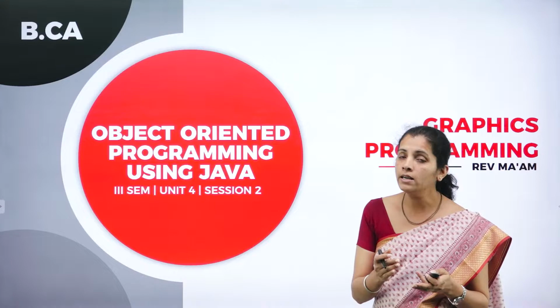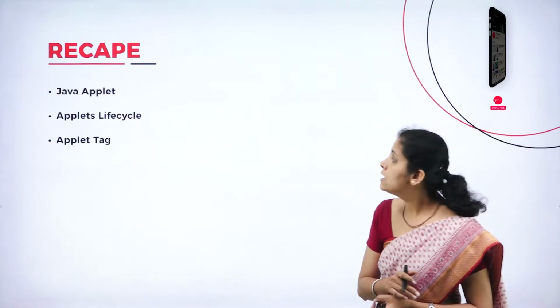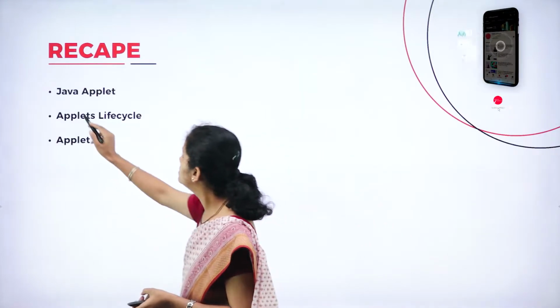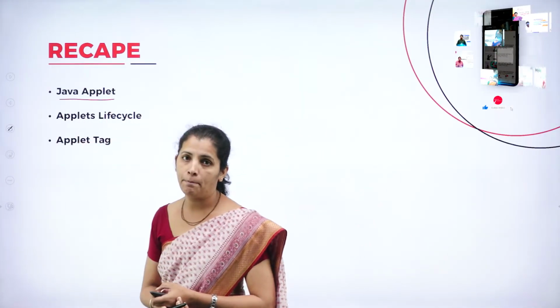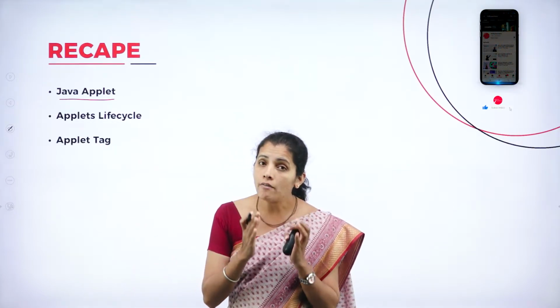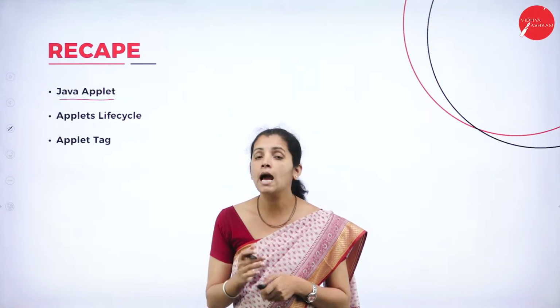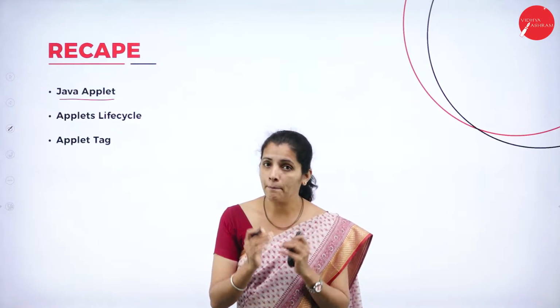So dear student, in my last session of this chapter, I started with Java applet. I have explained what is an applet and how Java applets differ from application programs.